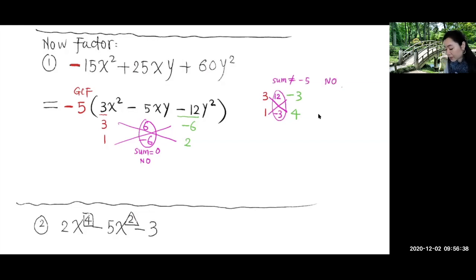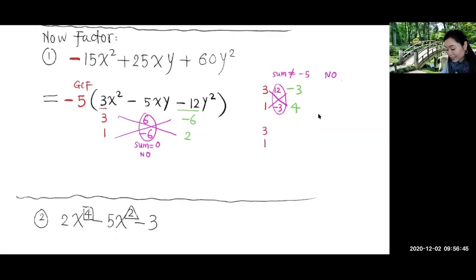So let's try again, okay? So -12. Now, this time maybe we can try to switch the order over here. How about we switch the order? So we'll put -4 up and -3 down. So we'll have 4 over here and -3 down.